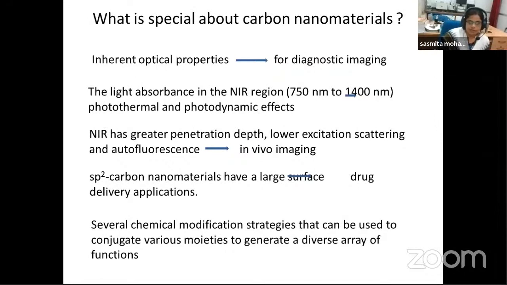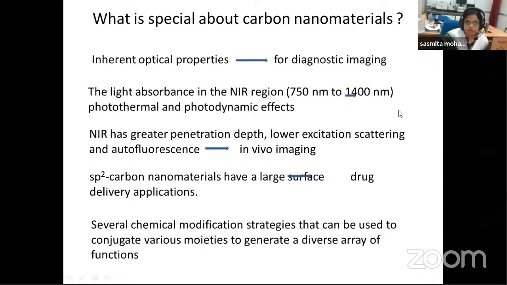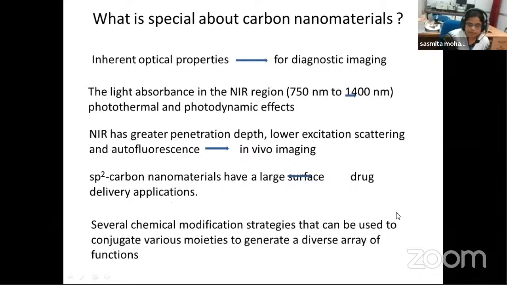That's why carbon nanomaterials absorb in a higher wavelength region, and the autofluorescence from biological tissues or water normally does not interfere with carbon nanomaterials. So that's why it is a very good diagnostic imaging agent. sp2 carbon materials have a large surface area.